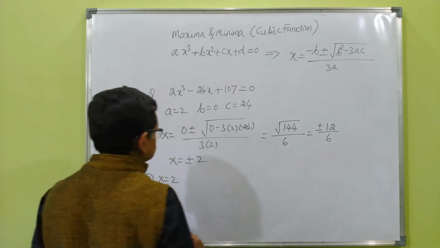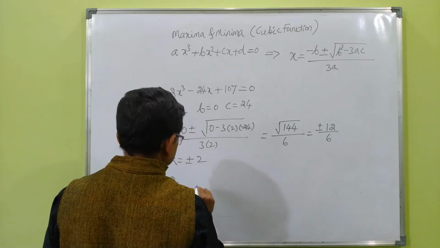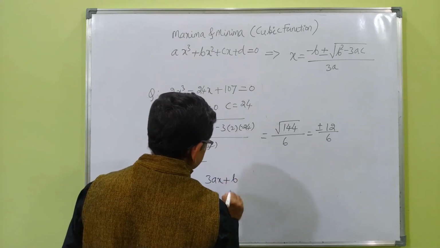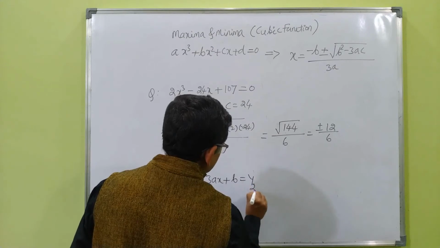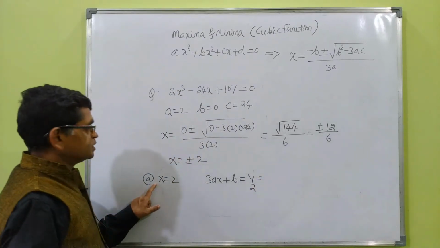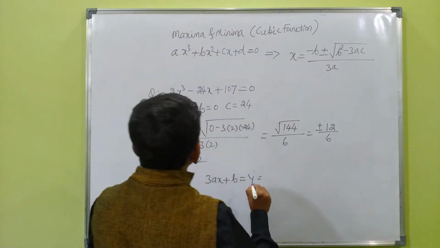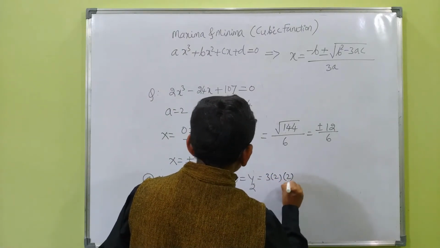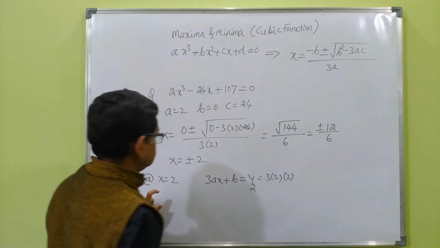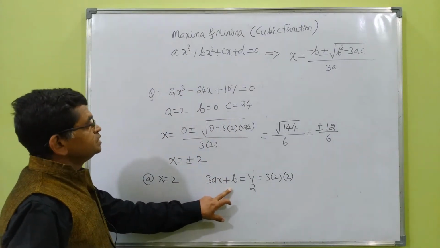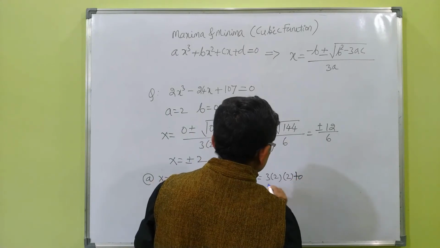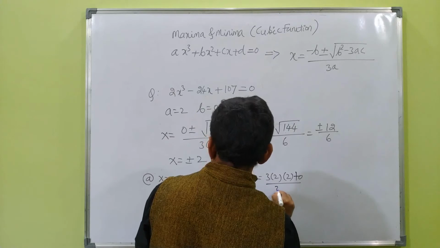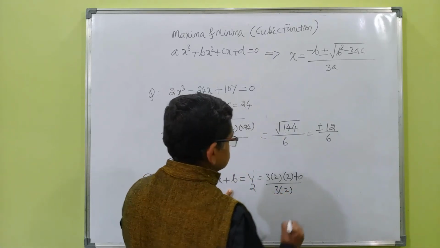So at x is equal to 2, 3ax plus b is equal to y2 is given by 3 into 2 into plus 2, 3ax plus b is positive, divided by 3a.